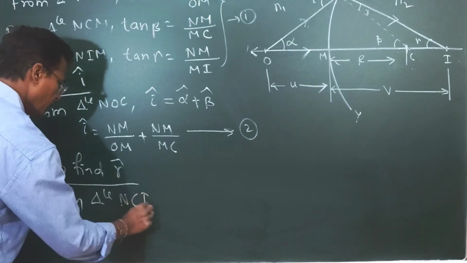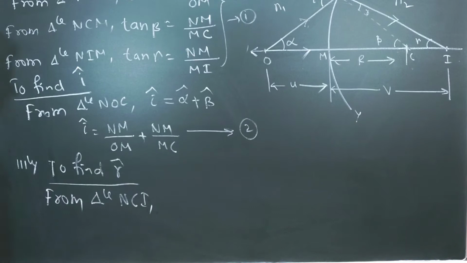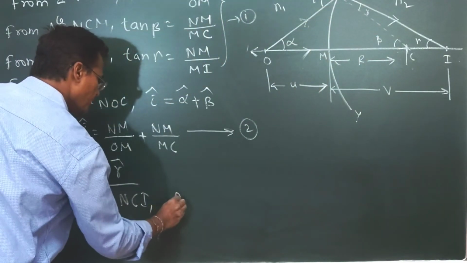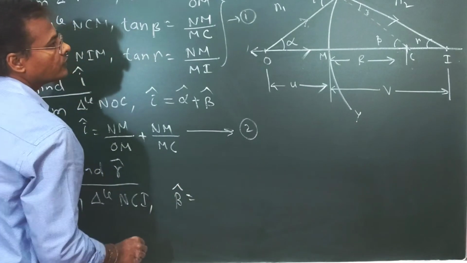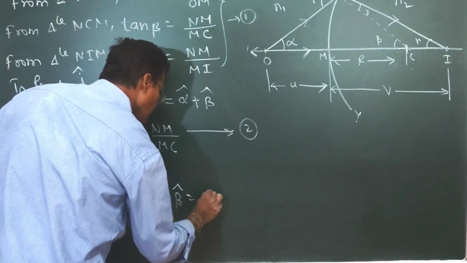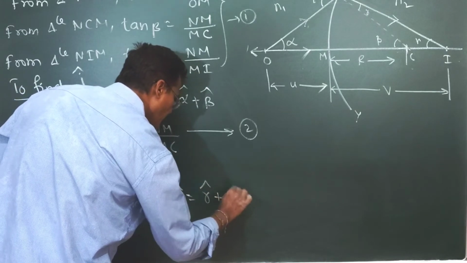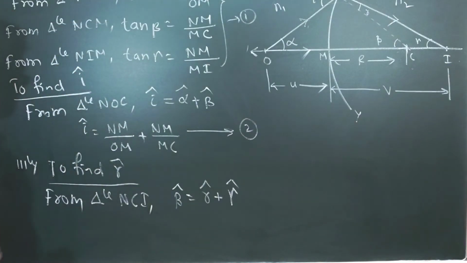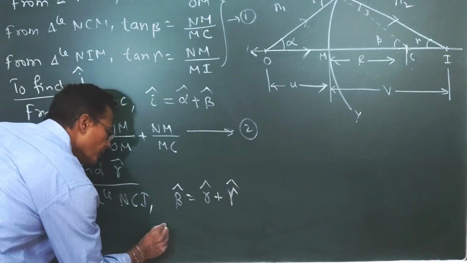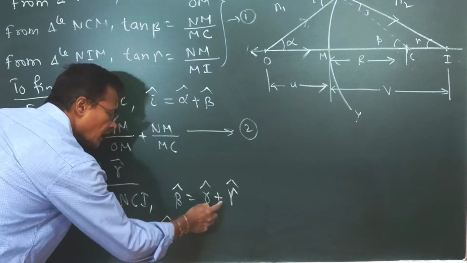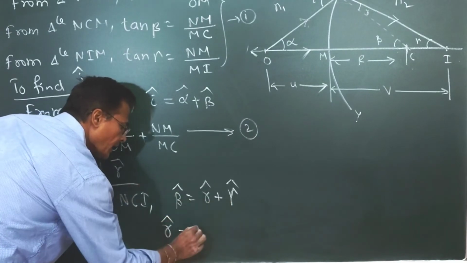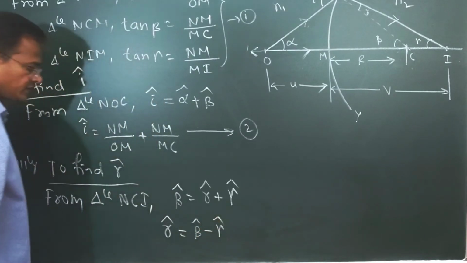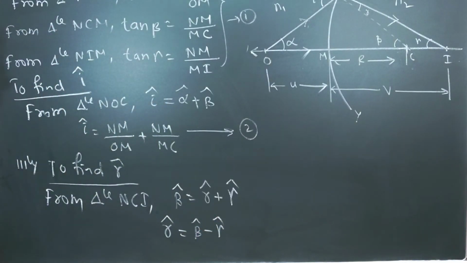From triangle NCI, beta is the exterior angle, equal to the sum of the two interior angles, r plus gamma. Rewriting, r equals beta minus gamma.